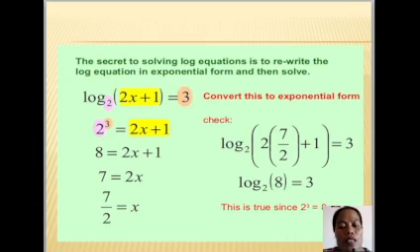So we have 2 cubed is equal to 2x plus 1, because the base is 2, and as we know, the logarithm is the exponent. And we have 8 is equal to 2x plus 1 because 2 cubed is equal to 8, because 2 times 2 times 2 is 8.